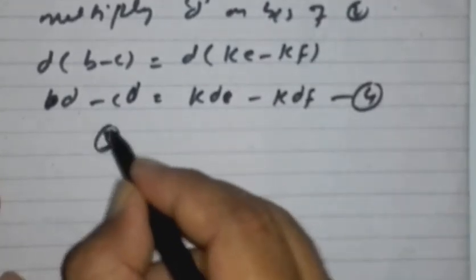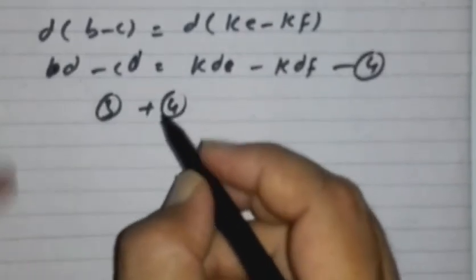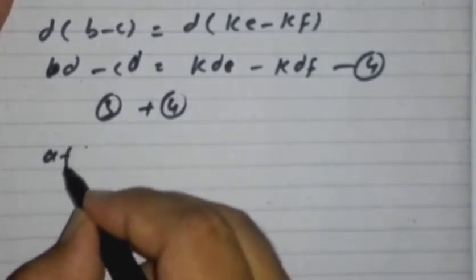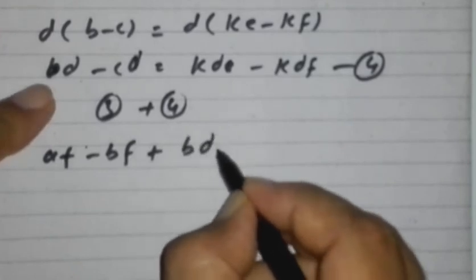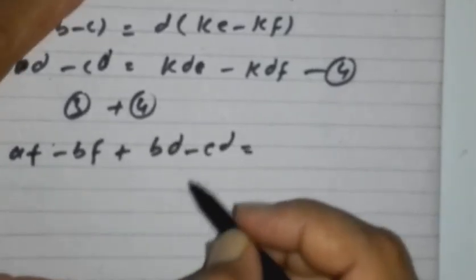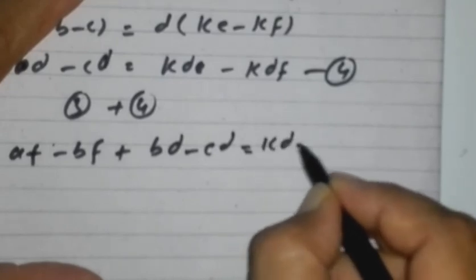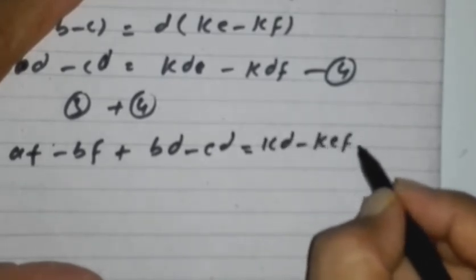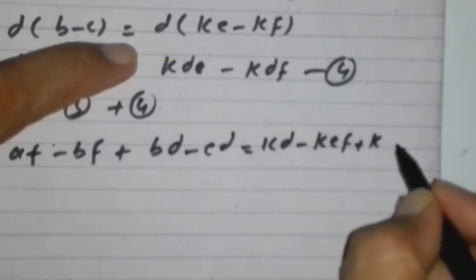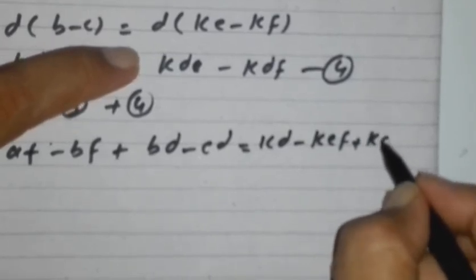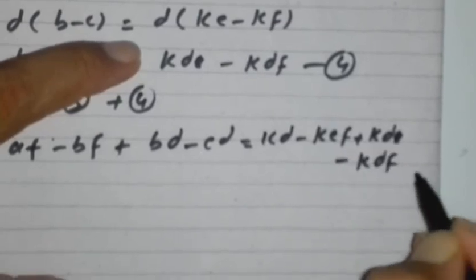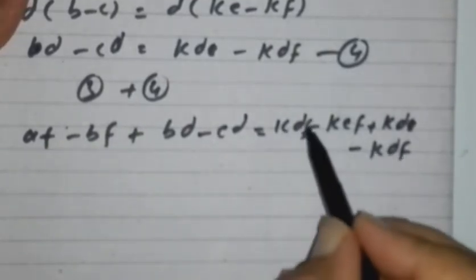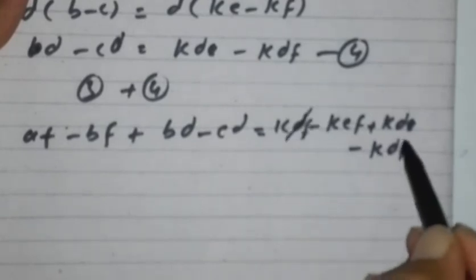Now add 3 and 4. af minus bf plus bd minus cd equals to, right side with right, kdf minus kef plus kde minus kdf. So look, this kdf cancels with this minus kdf.